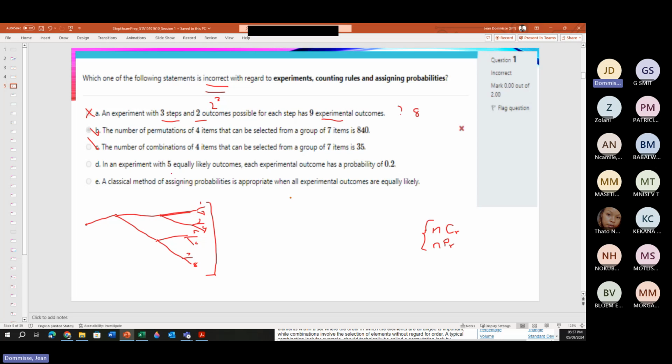In an experiment with 5 equally likely outcomes, each experimental outcome has a probability of 0.5. So 1 over 5 will give you that 0.5. Okay, so that is how we would get the 0.5. Sorry, the 0.2.